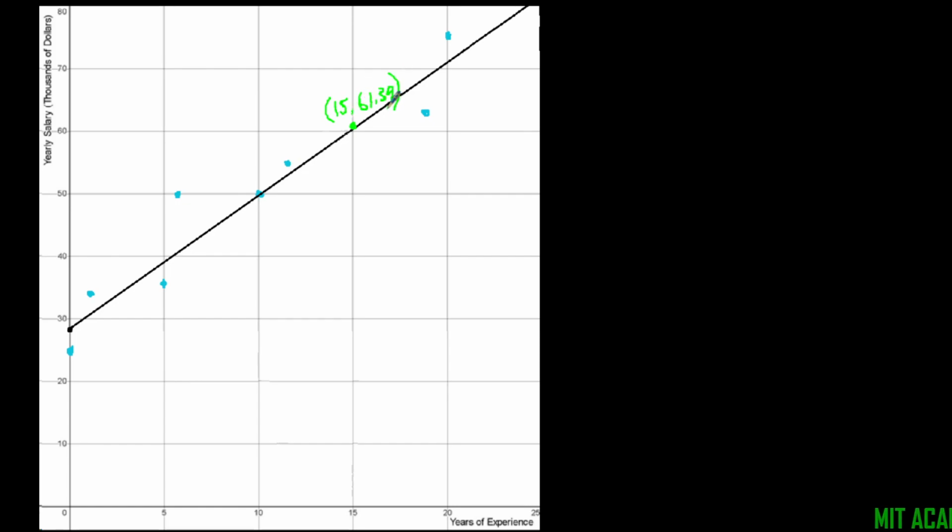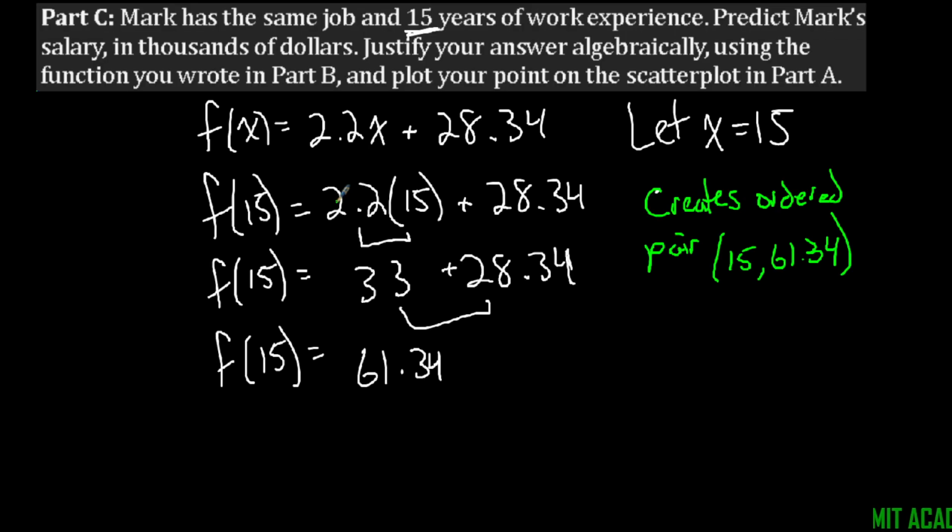Make sure that's a 4. Okay. Graph out that point. Notice how it's on the line because, when we plug in that point, it should be on that line. And let me make sure to see if there's anything else we did. So justify answer algebraically, yep, and plot that point. So we did what we needed to. Okay. So now, again, it creates that ordered pair, so we're good on that part.